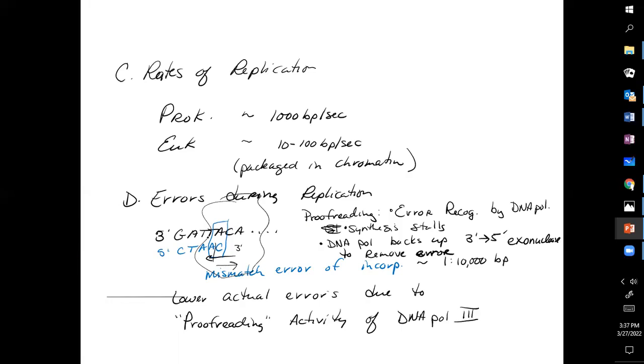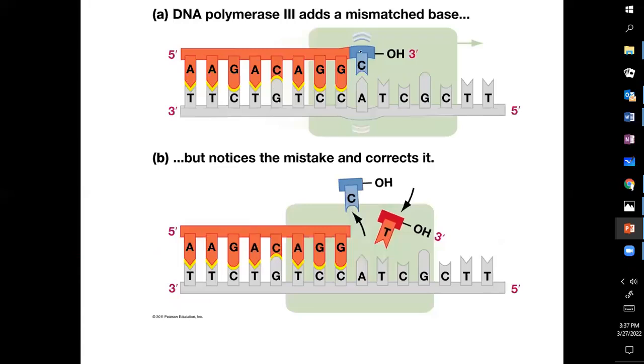So here is an image of that. Here's our mismatch of incorporation. Here's the growing strand in a 5' to 3' direction. This gray box is supposed to be depicting polymerase. Well, the error triggers or causes the polymerase to stall. It then backs up. It removes this error using the 3' to 5' exonuclease activity.